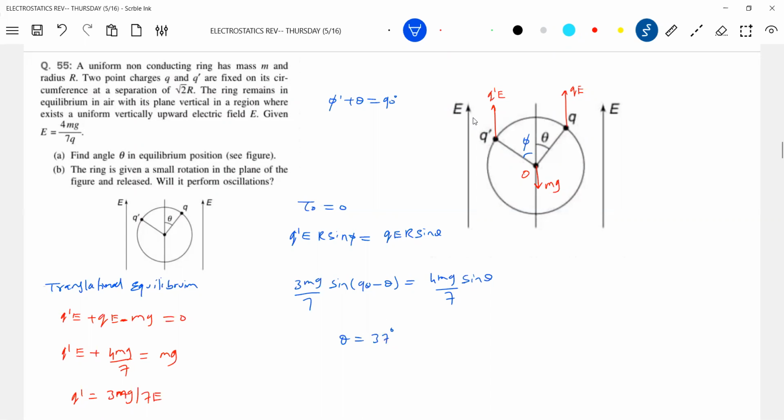Yeah. Next, the ring is given a small rotation in the plane of the figure and released. Will it perform oscillation? It is asking whether it will perform oscillation or not. This is theta, small oscillation. Yeah, I'll construct the diagram.